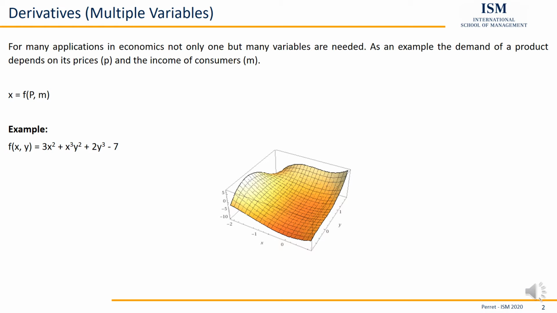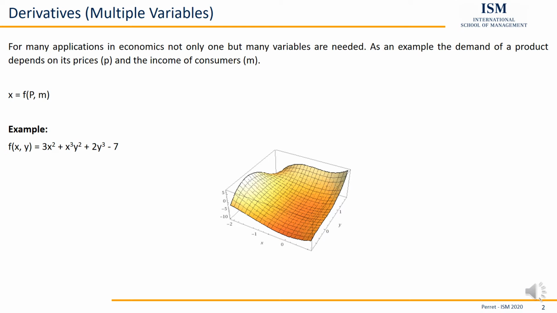This is also a function of two variables, and this looks as in a graph to the right. And you see, it looks a little bit different than you already know from functions with just one variable, because here we actually get three axes.